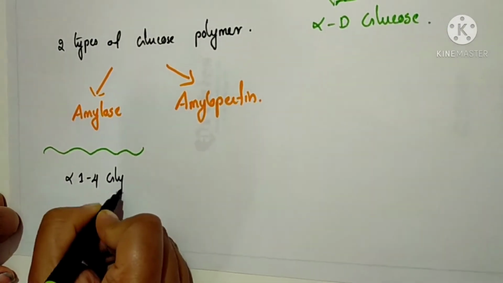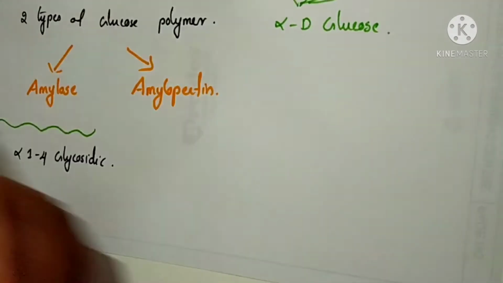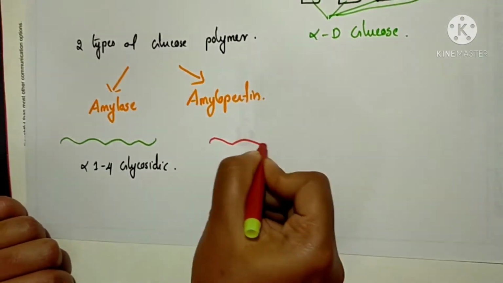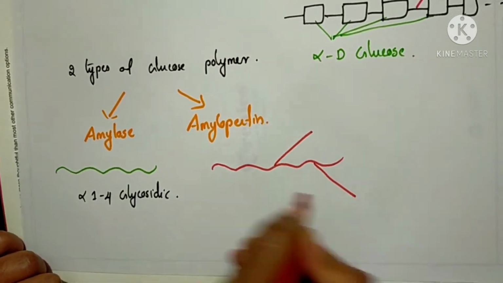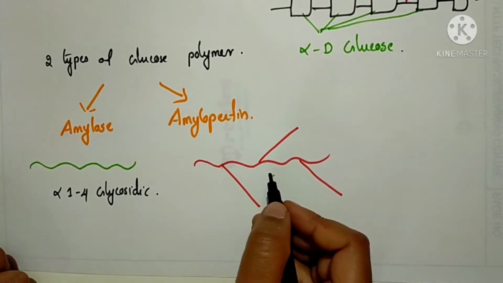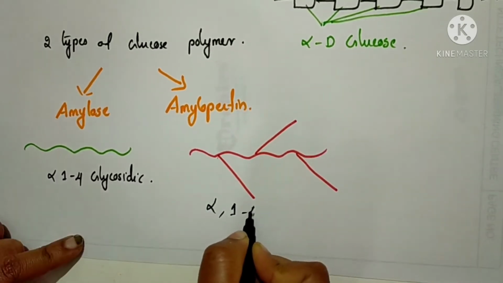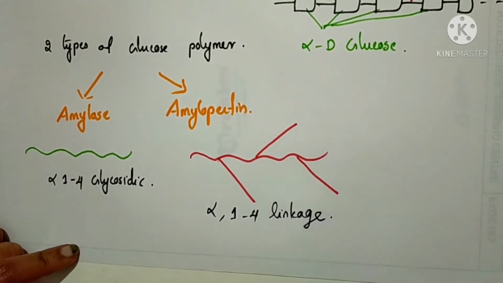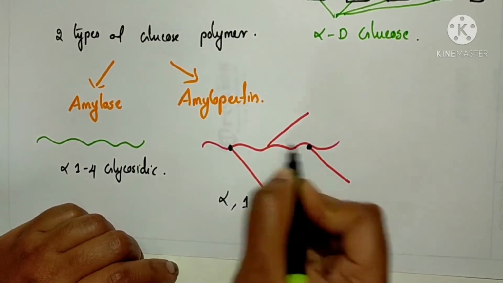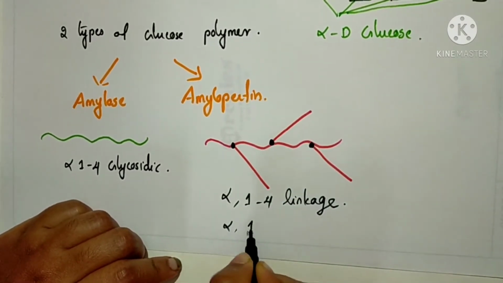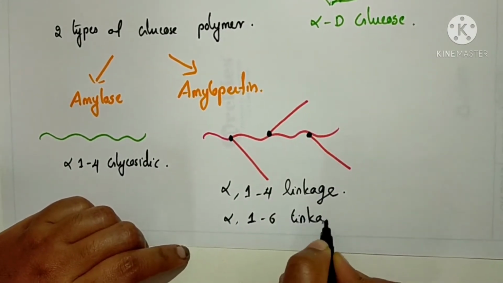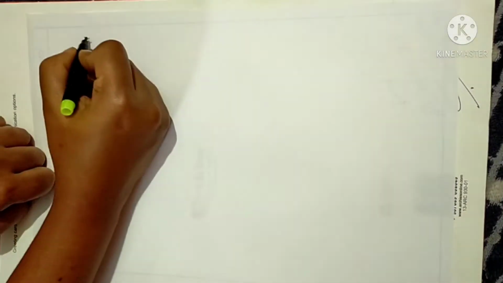It mainly contains alpha 1,4 glycosidic linkage, whereas amylopectin constitutes nearly 70 to 80 percent of starch, and it is a highly branched structure. It mainly contains two types of linkage, alpha 1,4 linkage, and at the branching point we can see alpha 1,6 linkage.